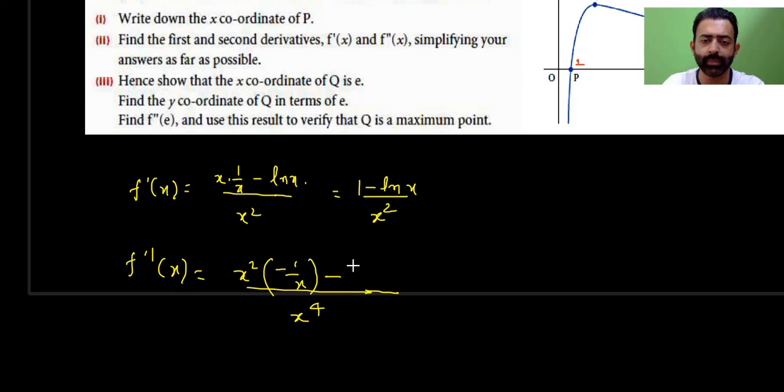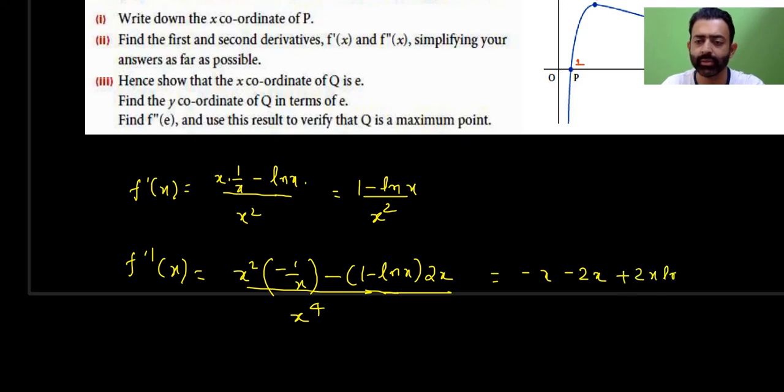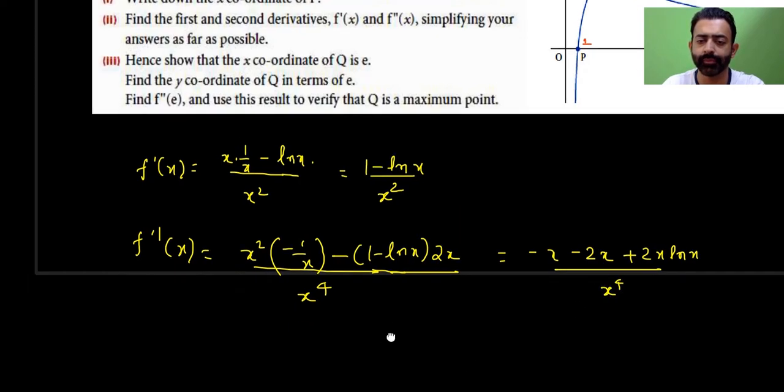Minus sign, keeping the numerator as it is, 1 minus ln x, and differentiating x square, which is just 2x. So here you will get in the numerator minus 1, minus 2x, and plus 2x ln x upon x raised to power 4.